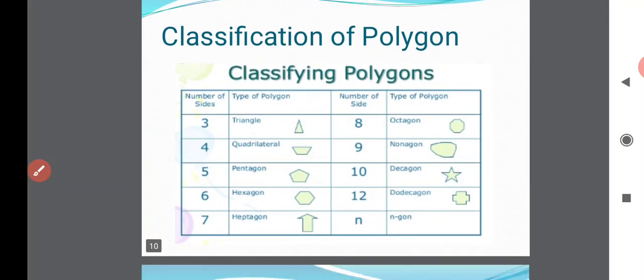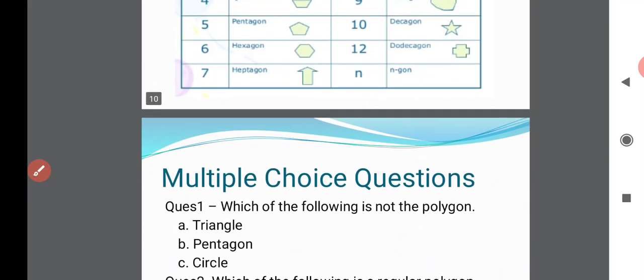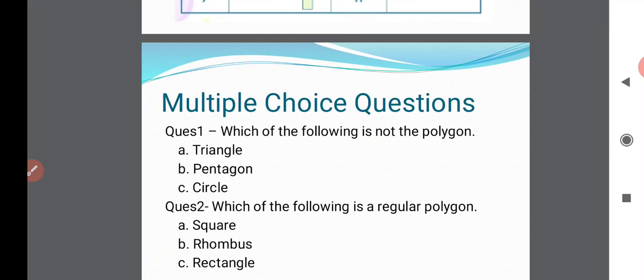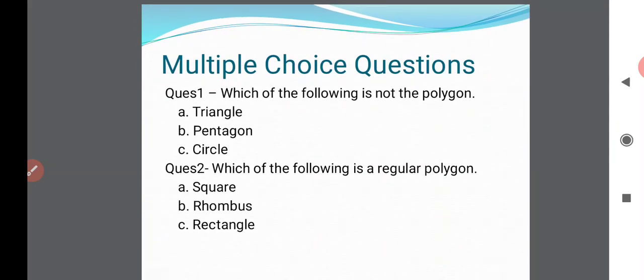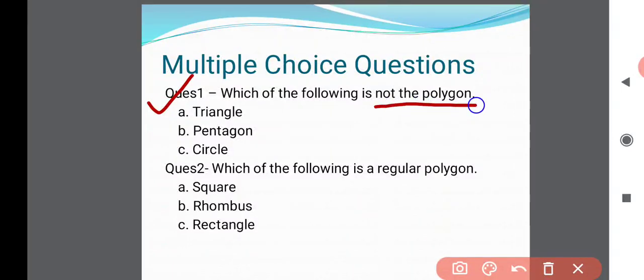Now let's see a few questions to know the extent of our understanding, how much we have actually understood. First question: which of the following is not a polygon? For this, you have to recall the definition of a polygon.